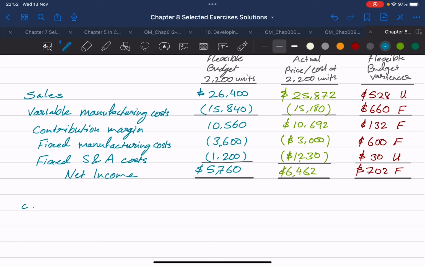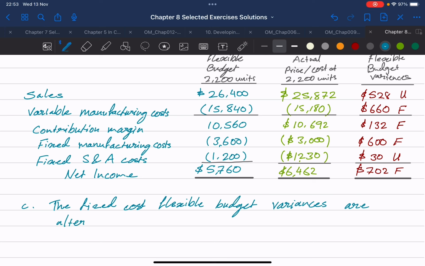Part C. Fixed costs flexible budget variances are alternatively called spending variances.